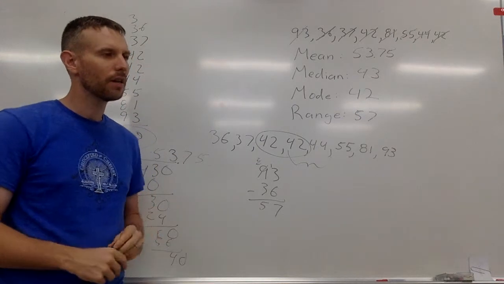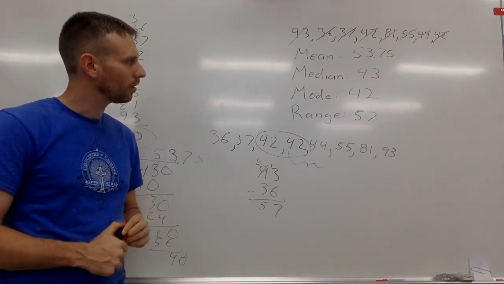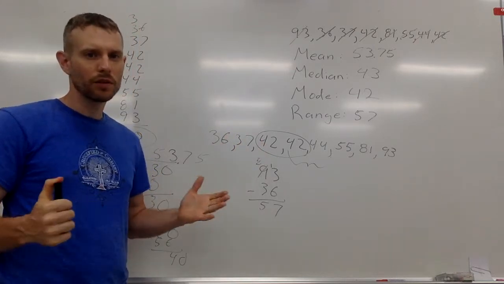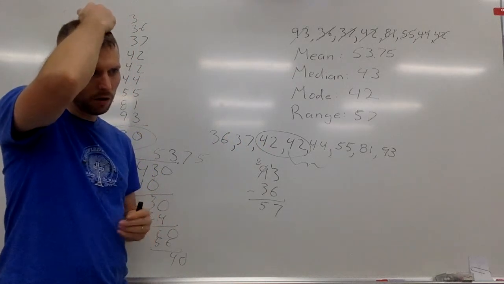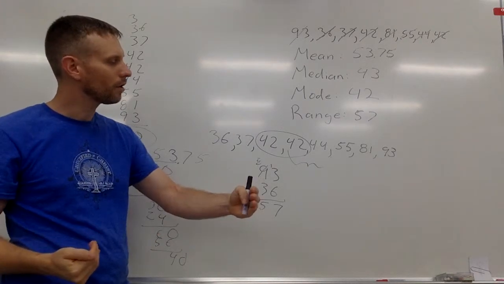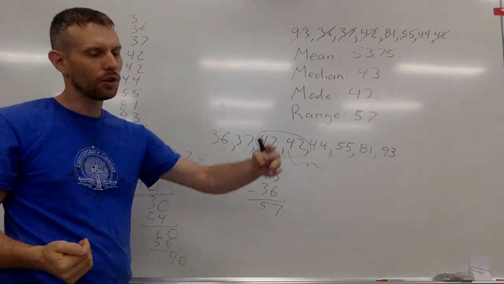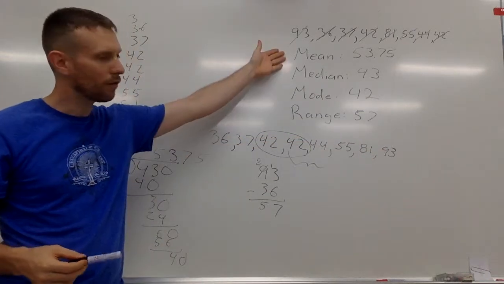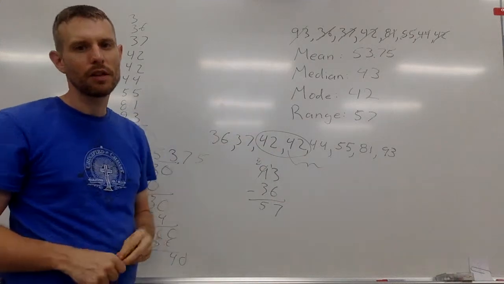If you have a data set, sometimes some of these will be more useful than others. For example, if you had a whole lot of numbers in the 50 range, and then you had 2, let's say, in the 100 range, then your mean average was 60 or 70.